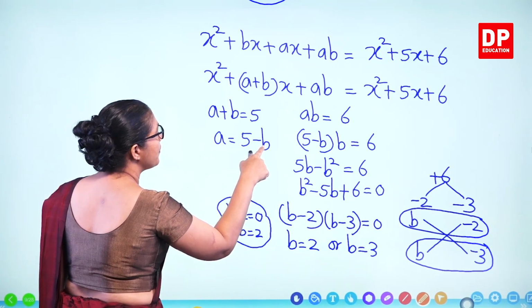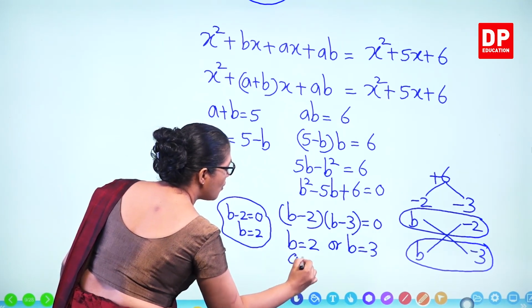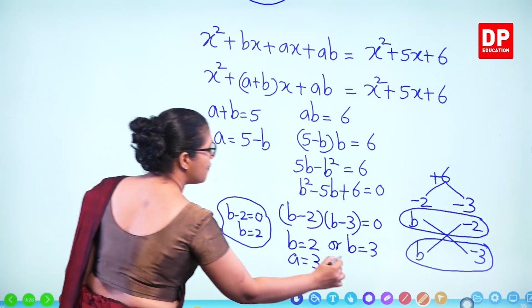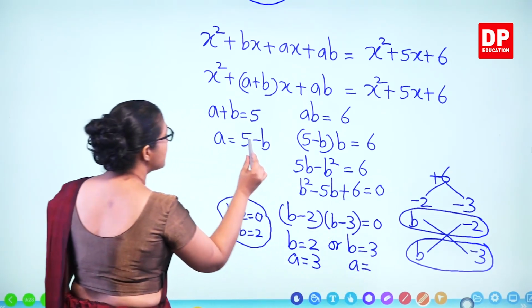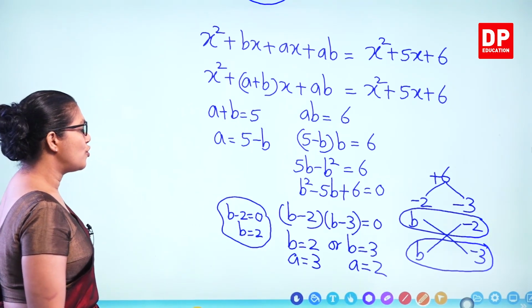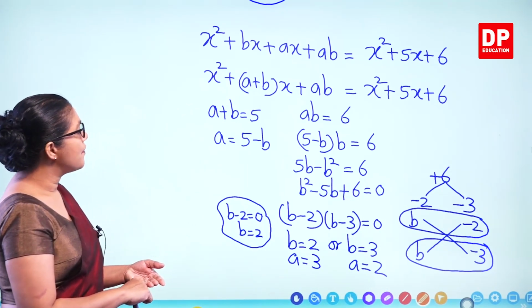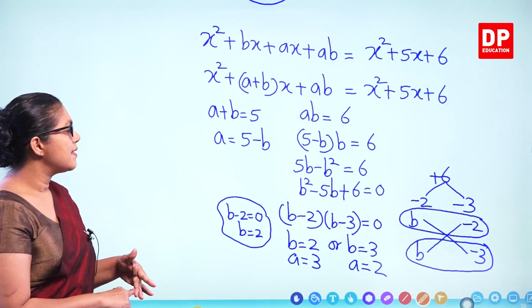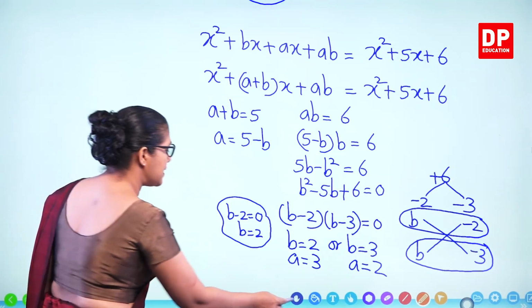If this is 2, 5 minus 2, that becomes 3. If b equals 3, 5 minus 3, that's 2. So 2 possibilities. a can be 3 and b is 2, or a is 2 and b is 3. So 2 possibilities are there.